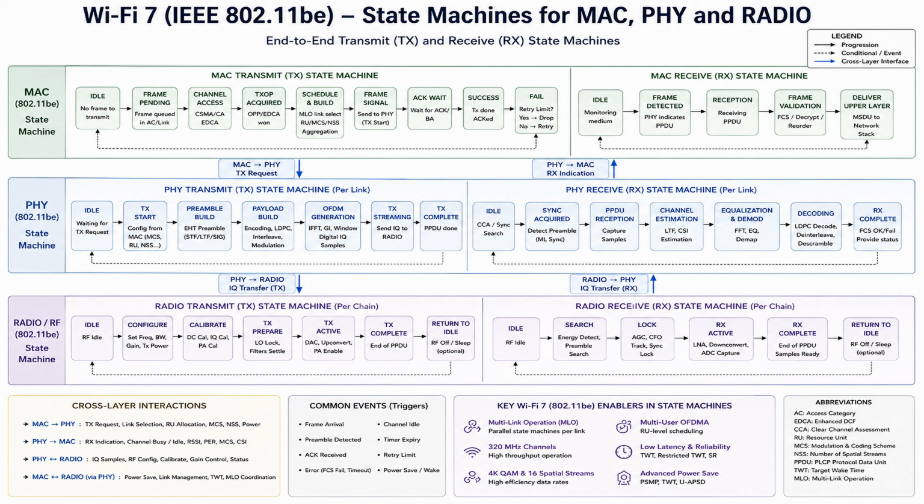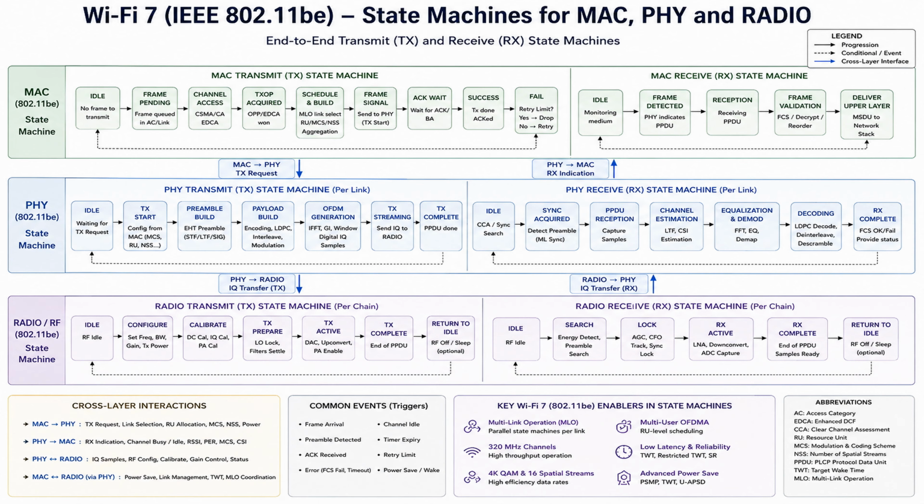The receive PHY is where most of the hard DSP lives. Synchronization, PPDU capture, channel estimation of the long training fields, equalization and demodulation, LDPC decoding, and finally an FCS check.